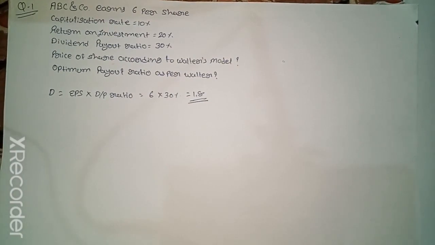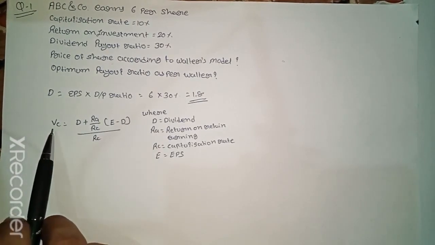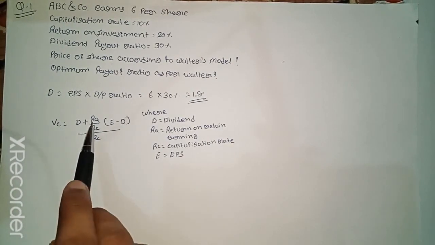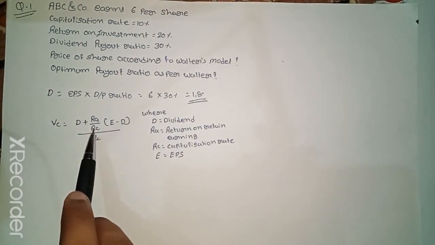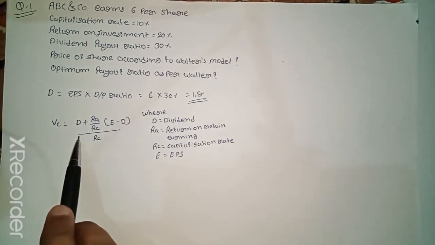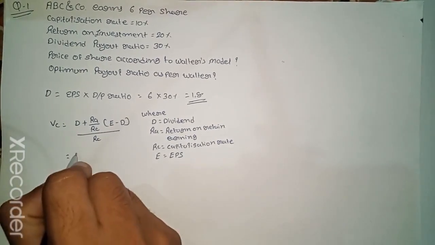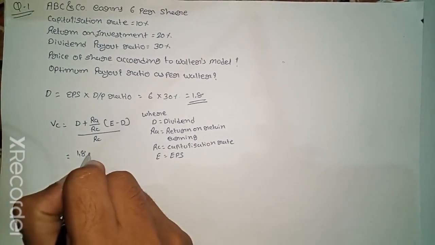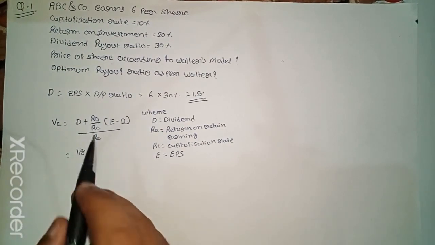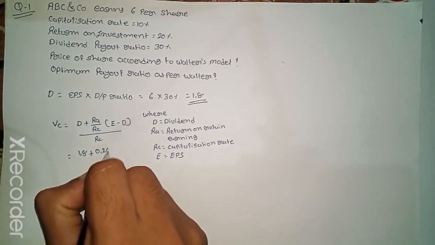Now we calculate the price of shares by using Walter's model. So value of share is equal to dividend plus return on retained earning divided by required rate of return into retained earning, whole divided by required rate of return. So here dividend is 1.8 plus return on retained earning is 20%, means 0.20.